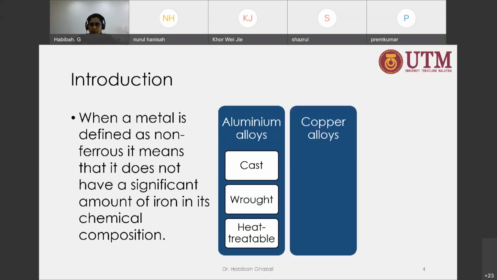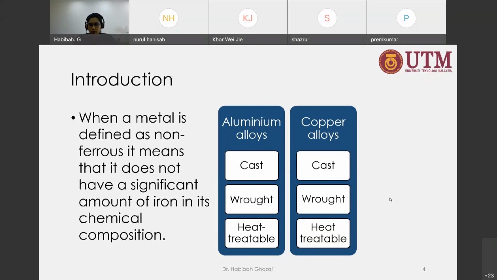As for copper alloy, I will emphasize aluminum and copper in this lecture because they are the most commonly used non-ferrous metals in engineering application. For copper, we also have cast and wrought alloy, and they also can be heat treated, and some of them are non-heat treatable.